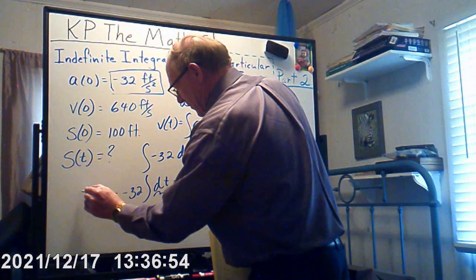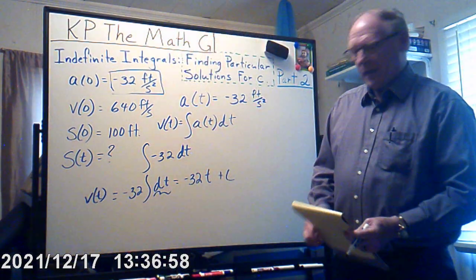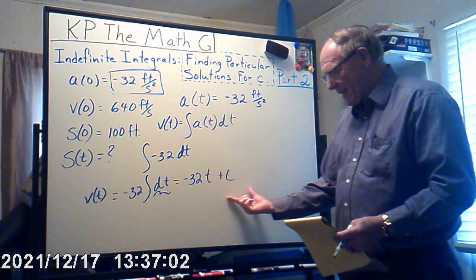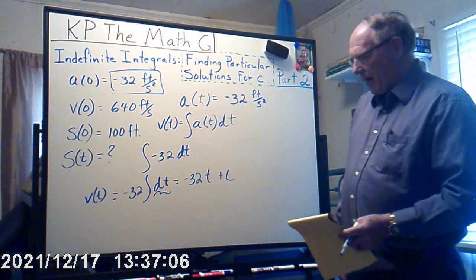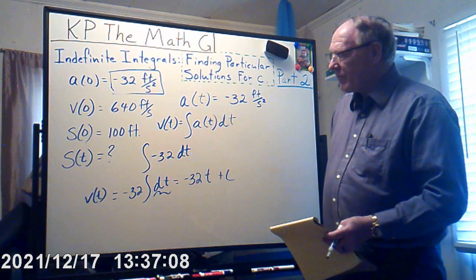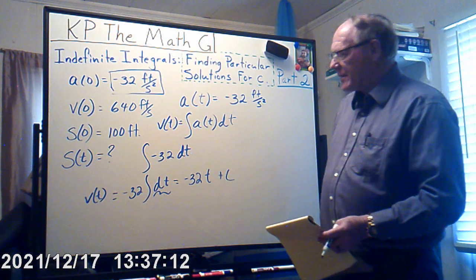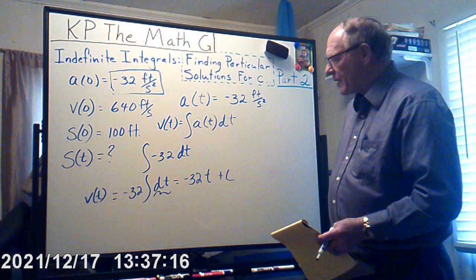We have found v at t right there. v at t is equal to negative 32t plus c. So that's where we're at right here.